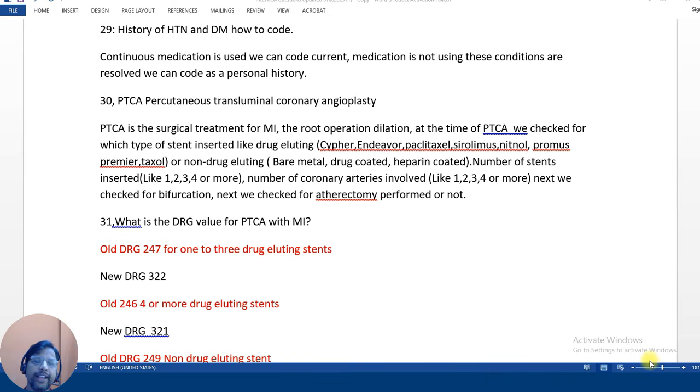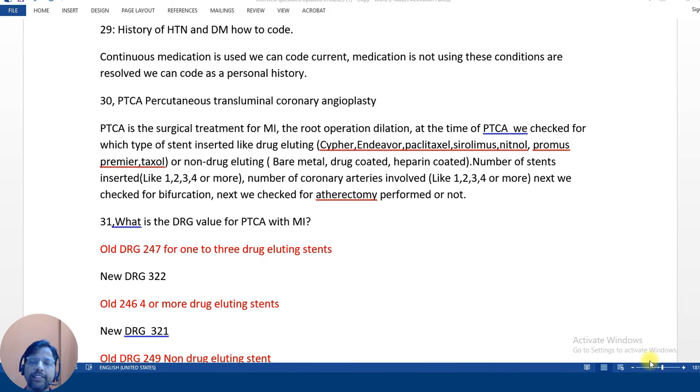What is PTCA? Percutaneous transluminal coronary angioplasty. Most of the time PTCA is the surgical treatment for MI, which is myocardial infarction. For PTCA, you need to use the root operation dilation.